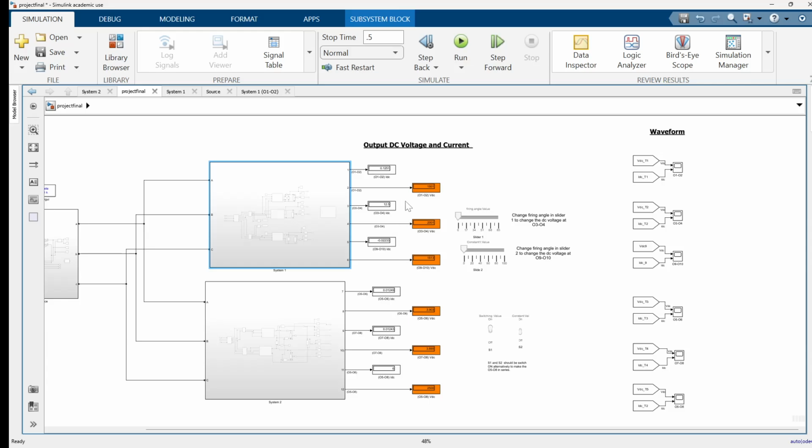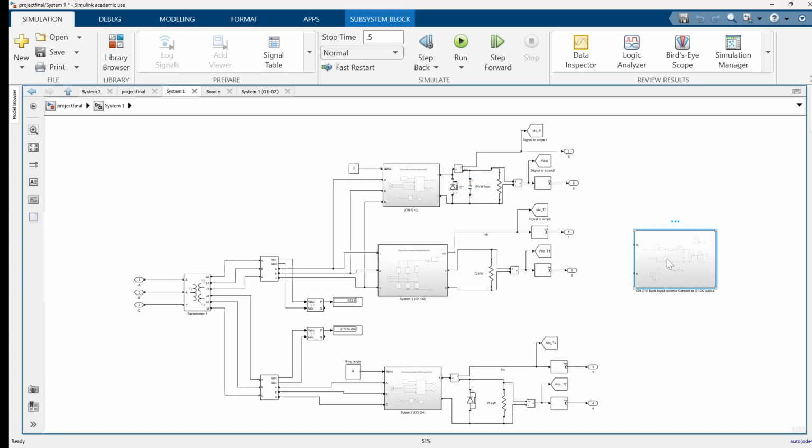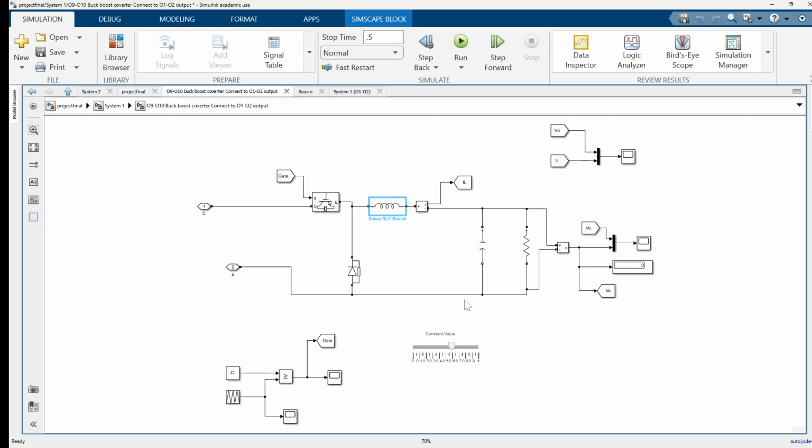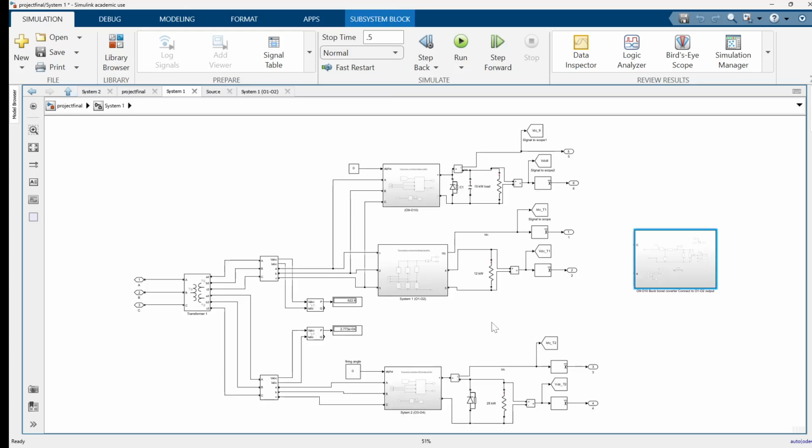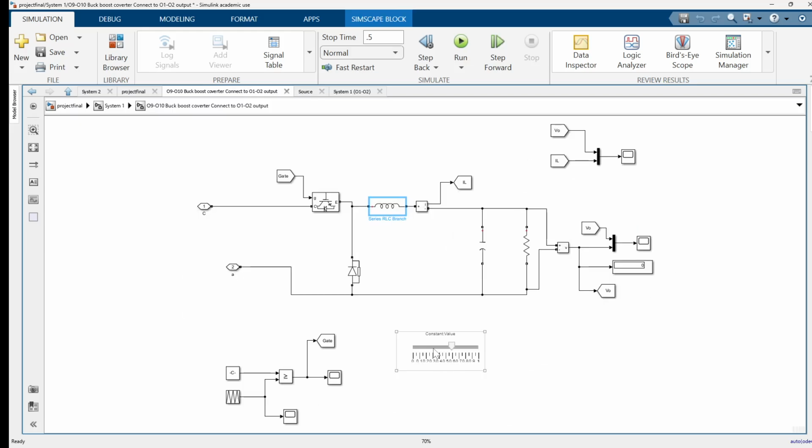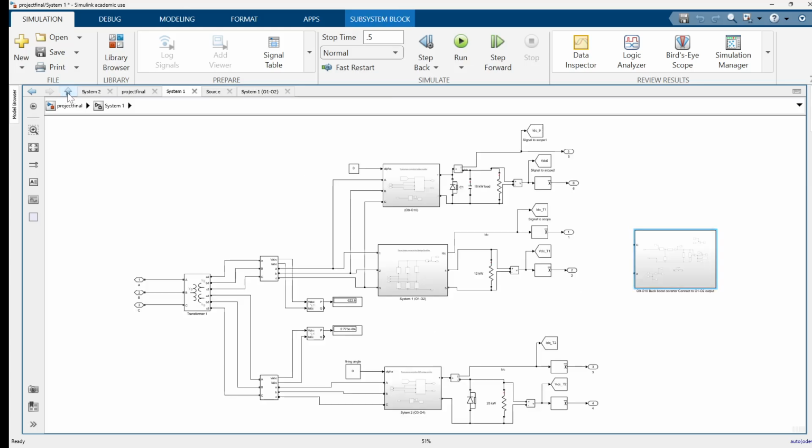You can see that this is also producing 1500 volt. Output 1 is also producing 1500 volt. So to make it variable, you can also use a buck converter, and by changing the duty cycle from here and using this buck converter, you can do the same.